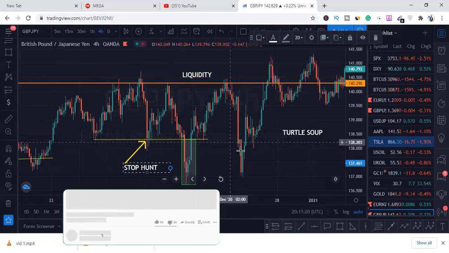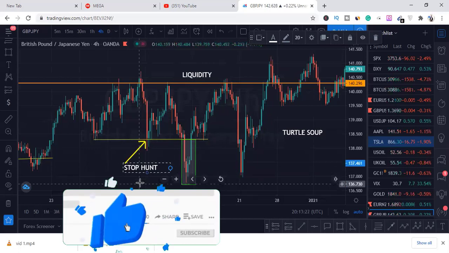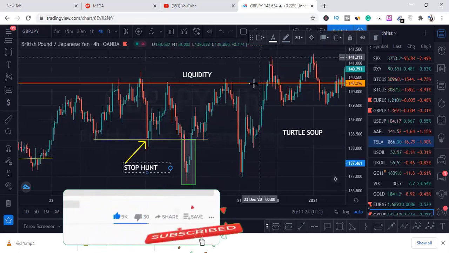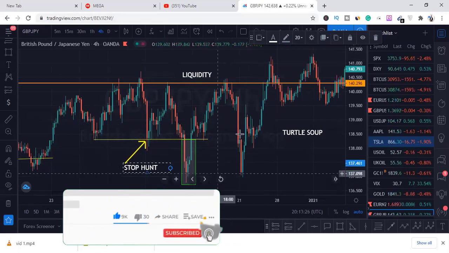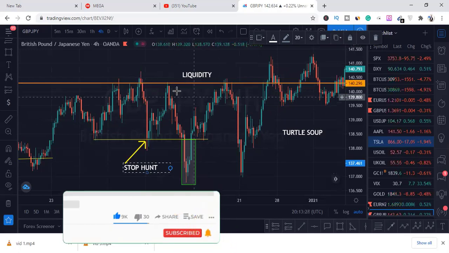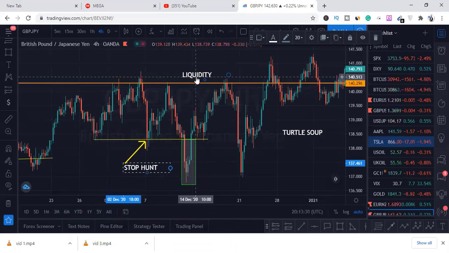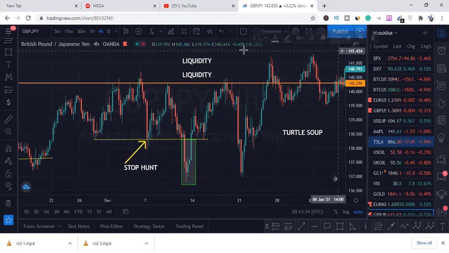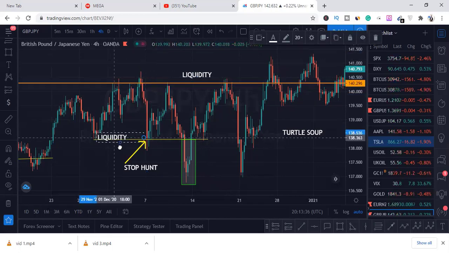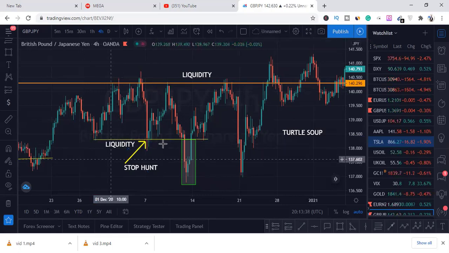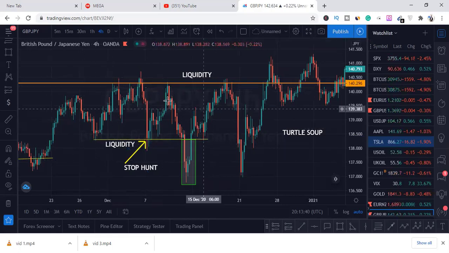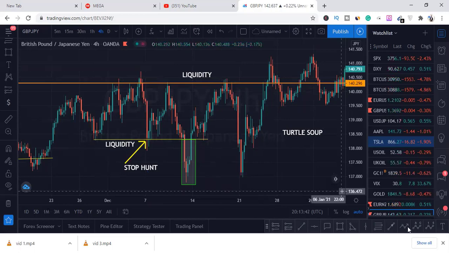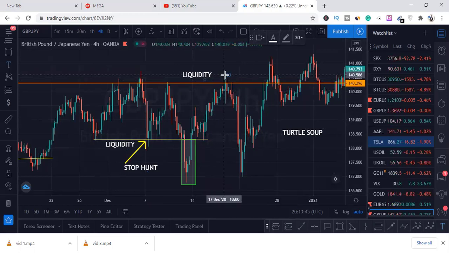So now they are starting to accumulate orders for buy, to aim for the other liquidity. Now all of this is what we call liquidity. I've said that before. So they actually look for liquidity.